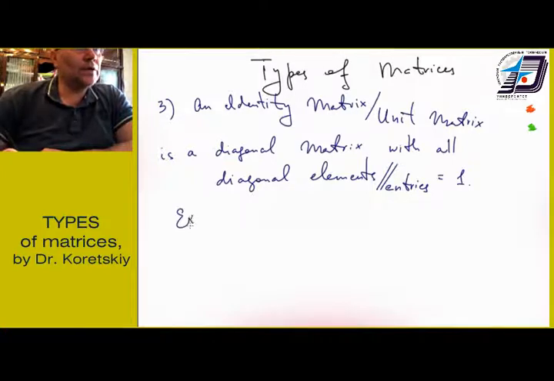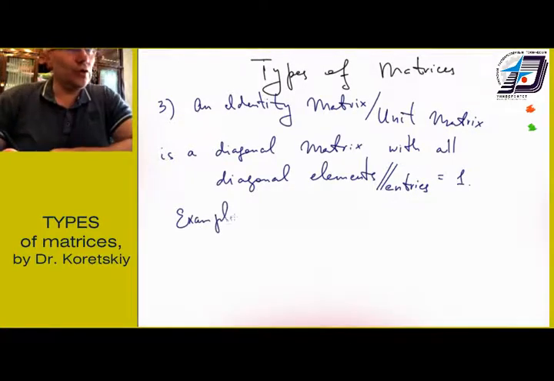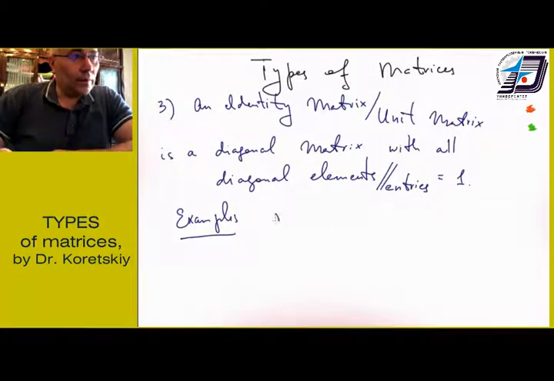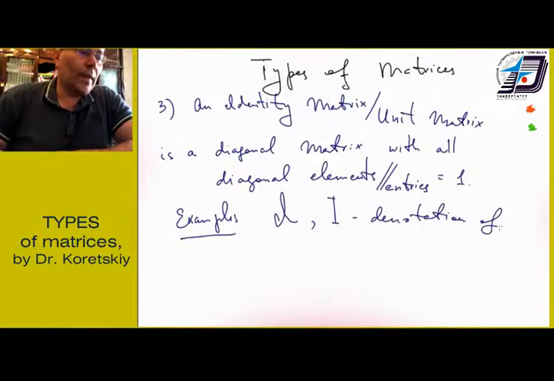By the way, I didn't say that we usually denote the identity matrix using the capital letter I. This is the denotation of the identity matrix. And examples.